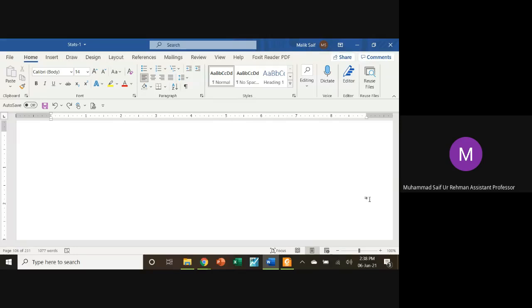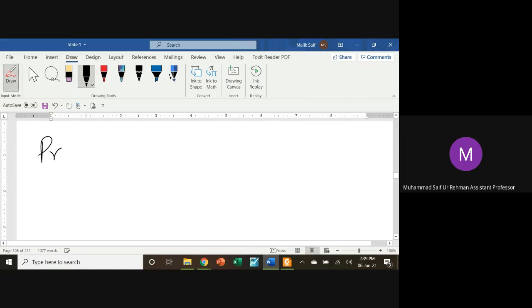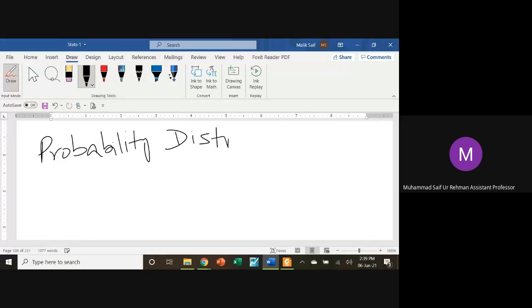So what we mean by discrete probability distribution, before that, you may know what is probability distribution first of all. So write down the definition for probability distribution first. What is probability distribution?